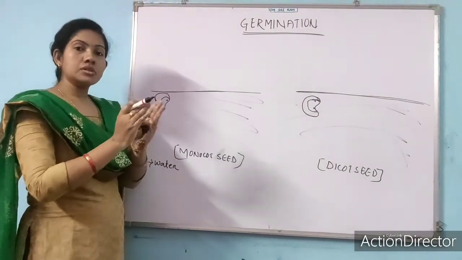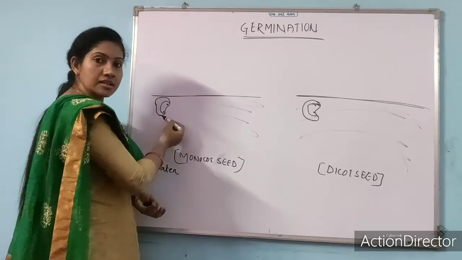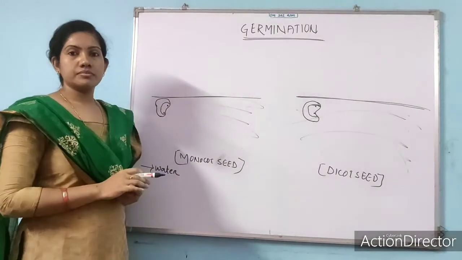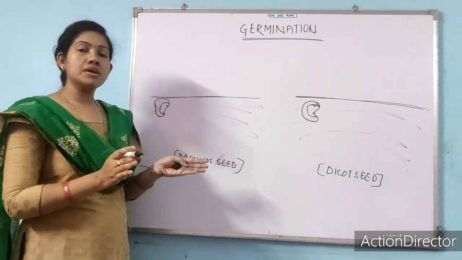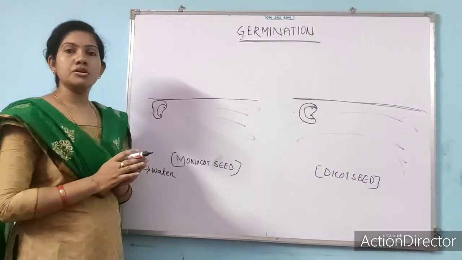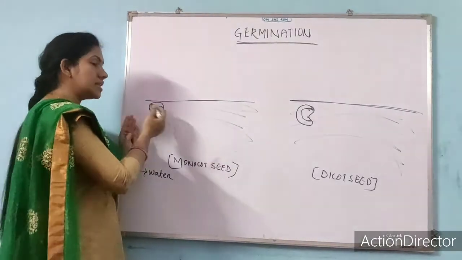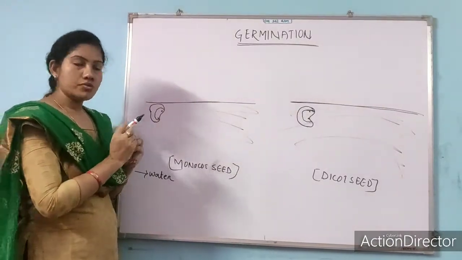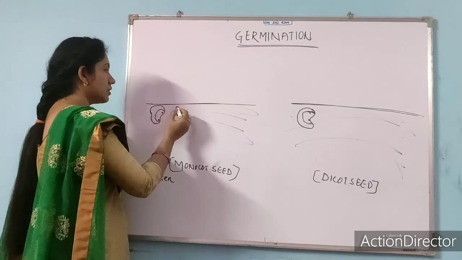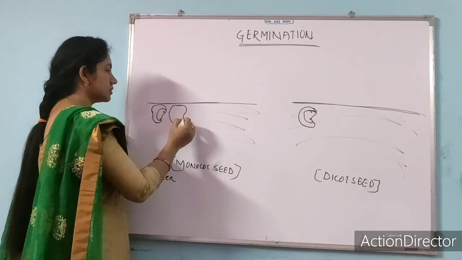The covering of the seed will burst, and the plumule and the radicle will emerge. That's why water is a very essential element for germination. So when these seeds absorb water, they will develop.